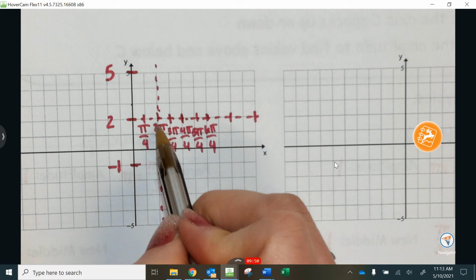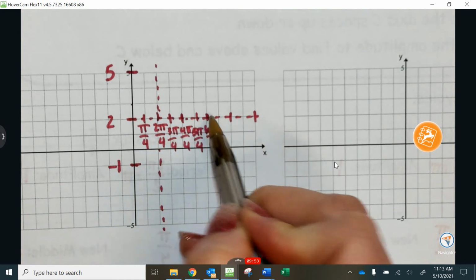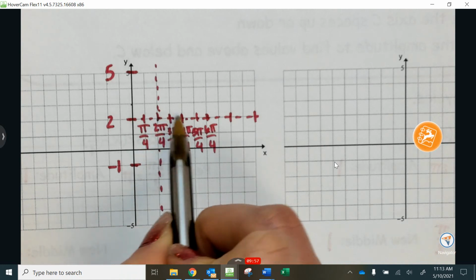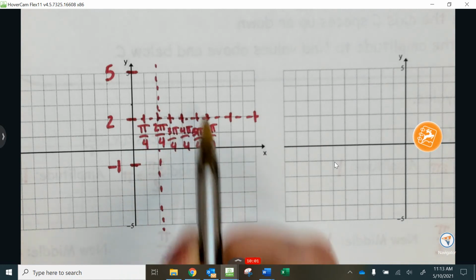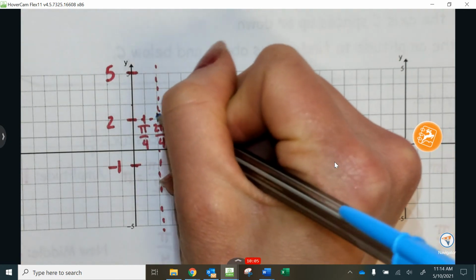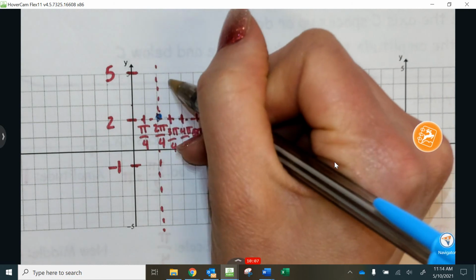Remember, 5 points, 1, 2, 3, 4, 5, and there's 4 sections, 1, 2, 3, and 4. Okay, so sine starts in the middle, and it's positive, so it goes up.